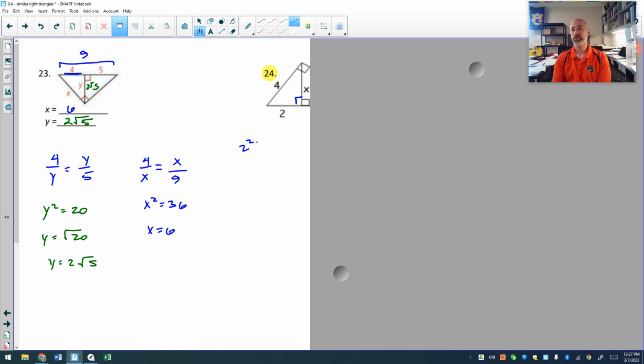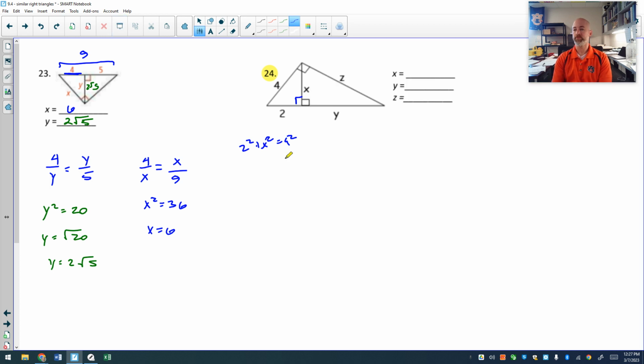I know that 2 squared plus x squared equals 4 squared. That's 4 plus x squared equals 16. x squared is equal to 12, and x equals the square root of 12, which cleans up to 2 square root of 3. So my x is 2 square root of 3.